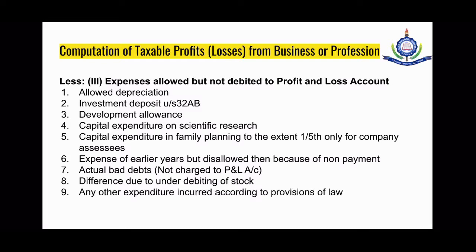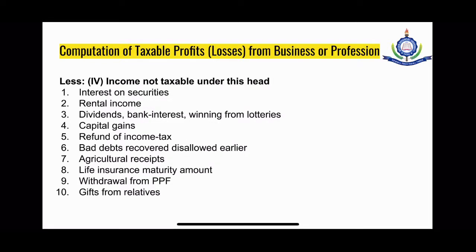The fourth section that you would have to deduct from the net profit are income that are not taxable under this particular head. There are 10 items.